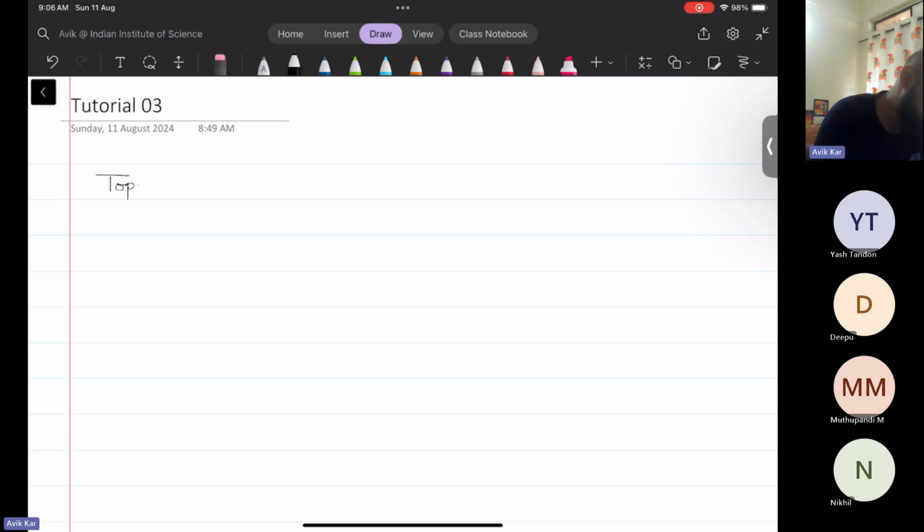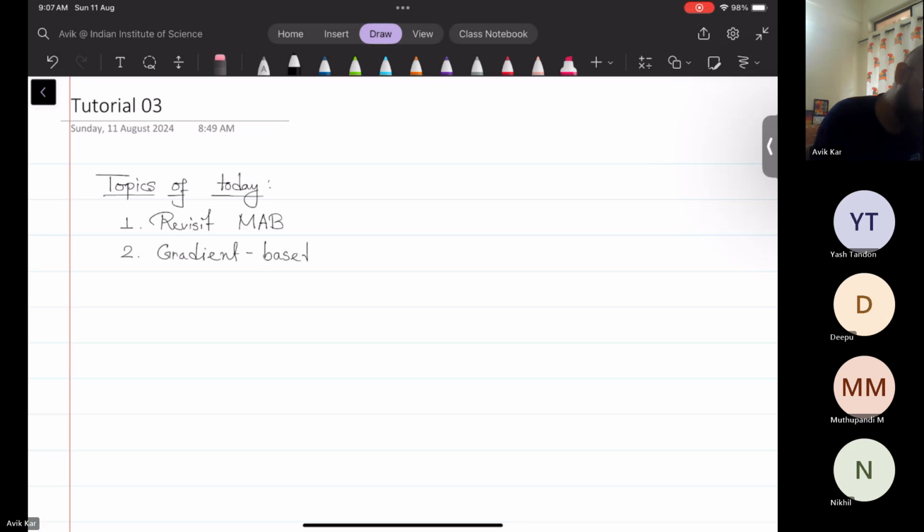Topics of today: gradient based bandit algorithm.